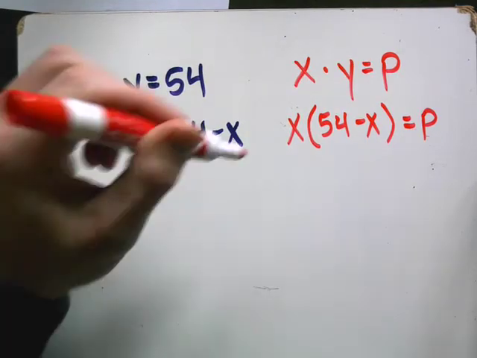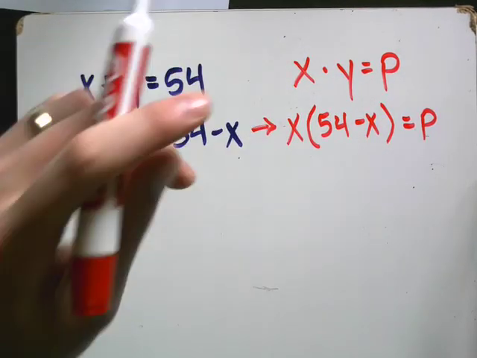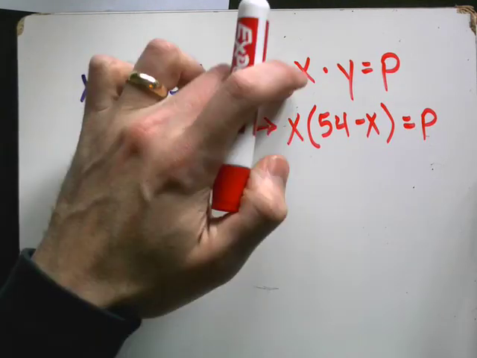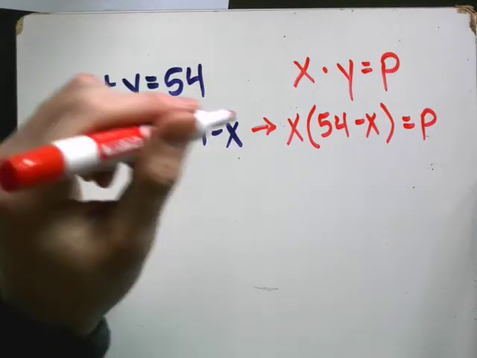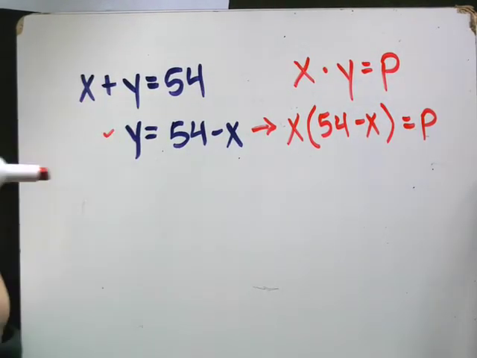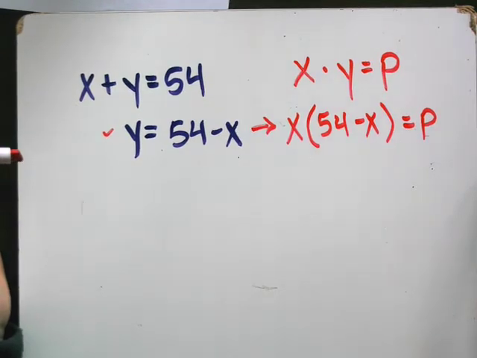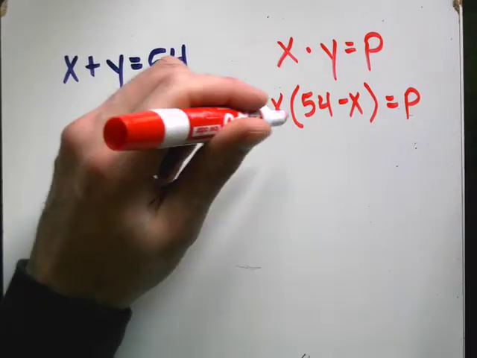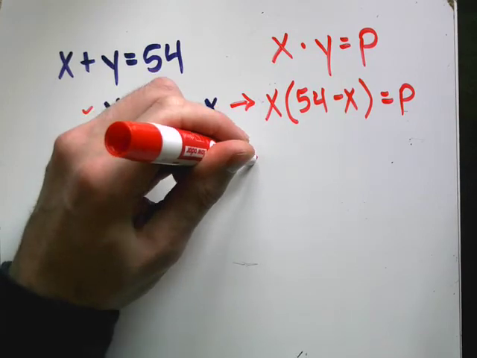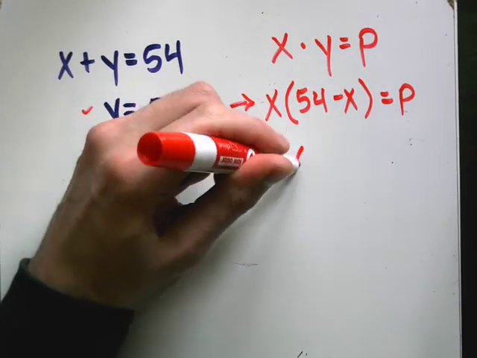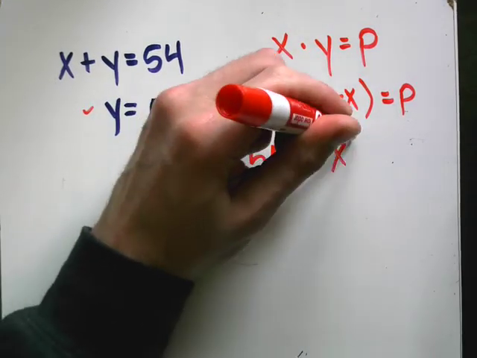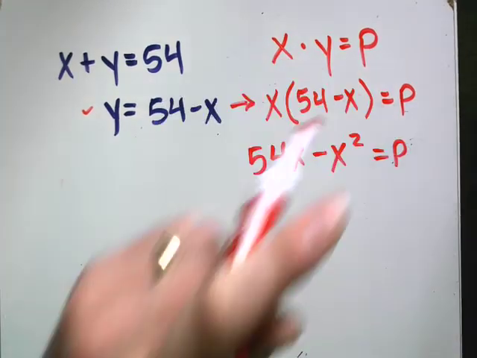Okay, this is like the crucial first step in optimization, getting your equations into one variable. Okay, so I'm going to leave my y right the way it is. I'm going to come back to it at the very end when I'm solving for y. And I'm going to solve for x here. So I'm going to say, or not solve for x, but I'm going to distribute the x. So it looks like this.